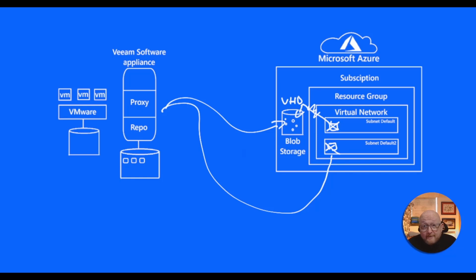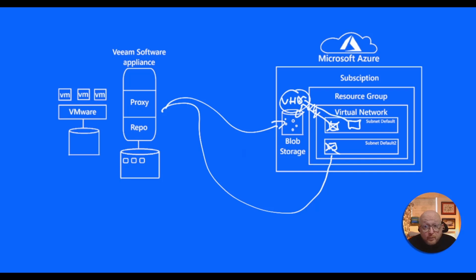So what we have here is the converted VHDs within the blob storage. The next step that happens once we've powered down the helper and the proxy is Veeam Backup and Replication registers an Azure virtual machine within the chosen location with the attached VHDs.